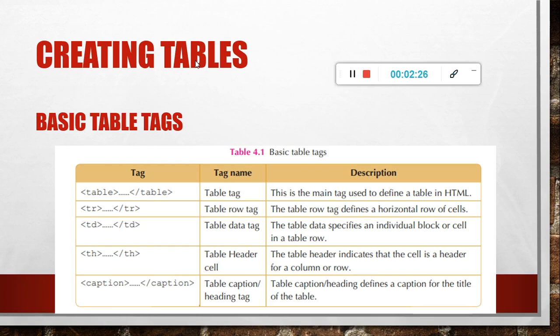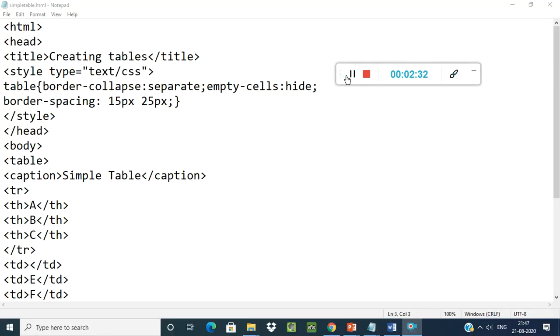Now we'll see how to create the table in HTML practically. This is the same program which is given in your textbook, page number 73. A simple table program. I type this program here: html, head tag, then the title tag, creating a tables, then the style tag.